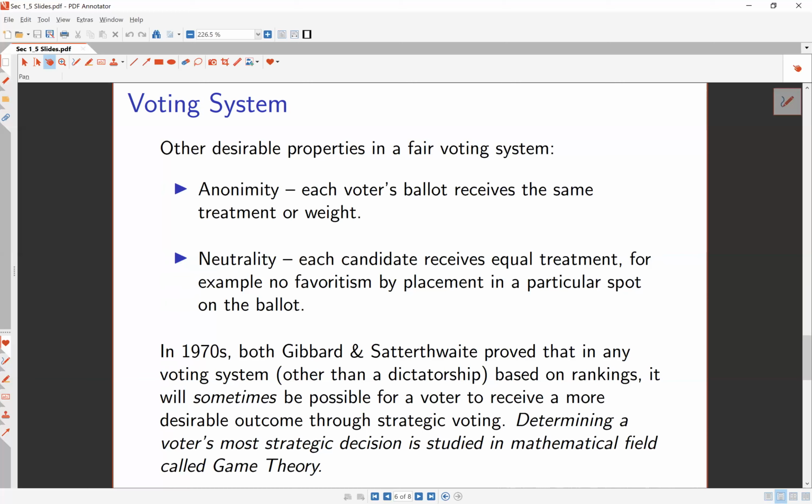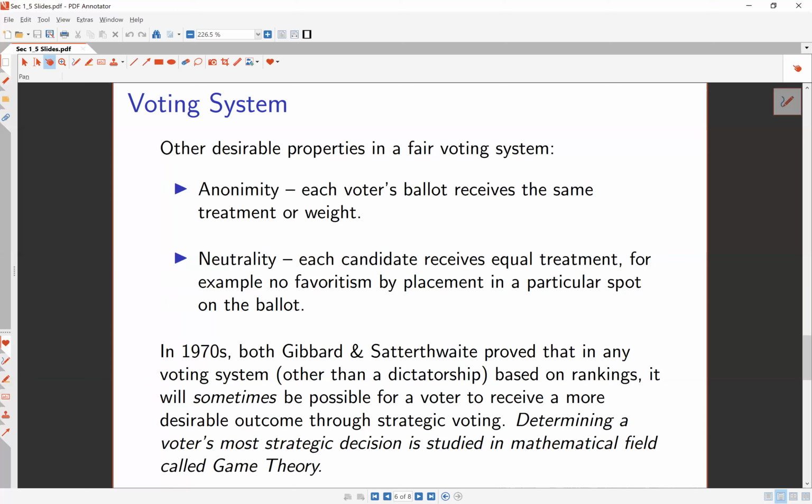This doesn't say that a voter can always get a more desirable outcome. They just proved that in these voting systems, it will sometimes be possible for a voter to be strategic.